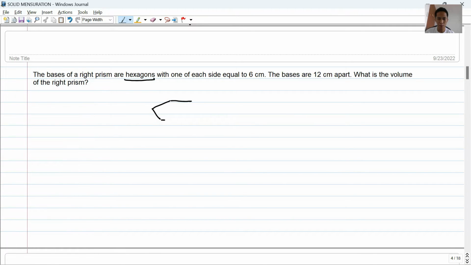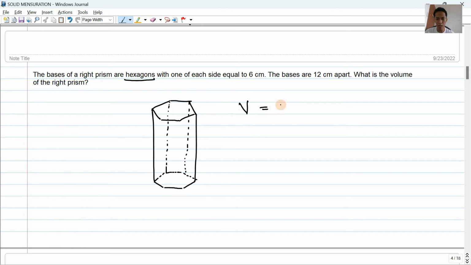Okay. So basically that is a polygon, and we have this. If you're going to compute for the volume of this figure, you just need to multiply the area of the base. Okay, in this case, ito yung area ng base natin, times the height. Multiply lang natin yung area ng base times height since this is a regular prism, right prism.